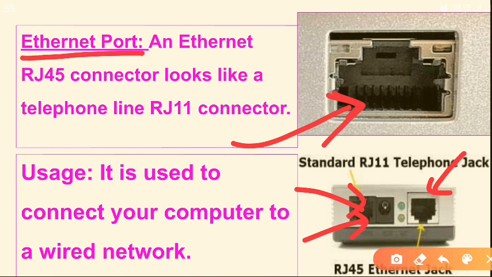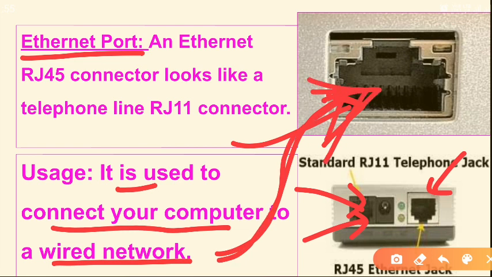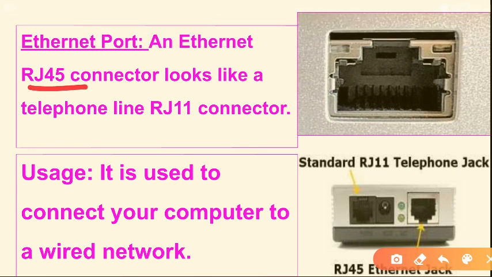The use of the Ethernet port is to connect your computer to the wired network, or to connect your computer to the internet. The broadband cable that you get goes inside the Ethernet port. So this is your Ethernet port, which is also called the RJ45 connector.